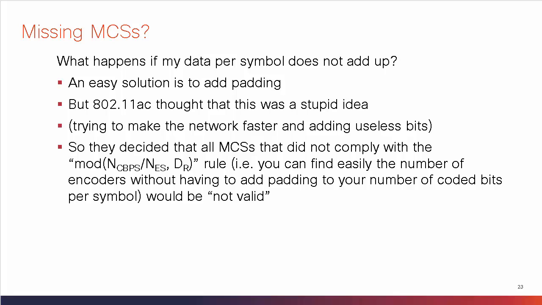Instead, they said, well, when we have those MCSs that don't look right because they are not full numbers of encoders or decoders, we're just going to drop them. We're not going to be wasting resources in the silicon doing 0.05%. That's pointless. So if it doesn't fall right to a certain integer number of encoders or decoders, then we'll just drop that MCS from the table, not valid.